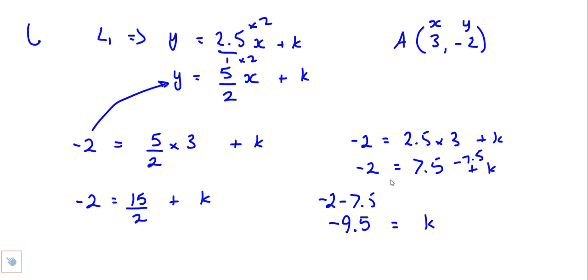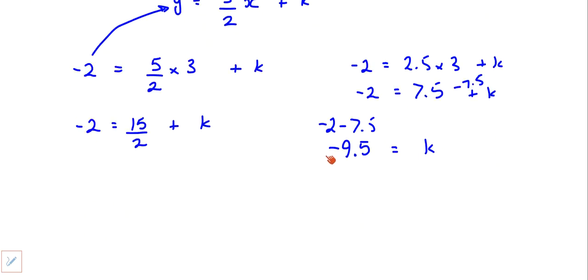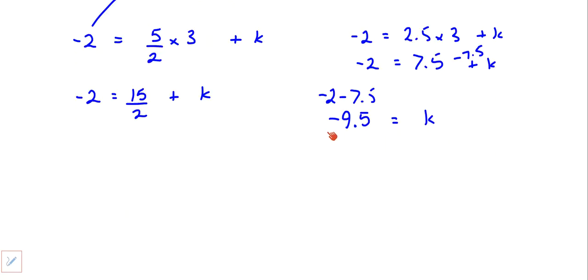I have used the decimal format here, but for the next part it says the line is perpendicular. Perpendicular lines are at right angles, and we know if the gradient, the m value of this line, is 2.5, but I changed it to 5 over 2, then a lot of you recognised it's the negative reciprocal, so you put negative 1 over 2.5.